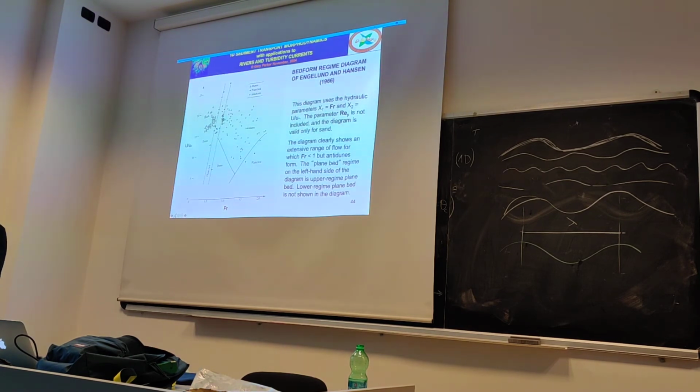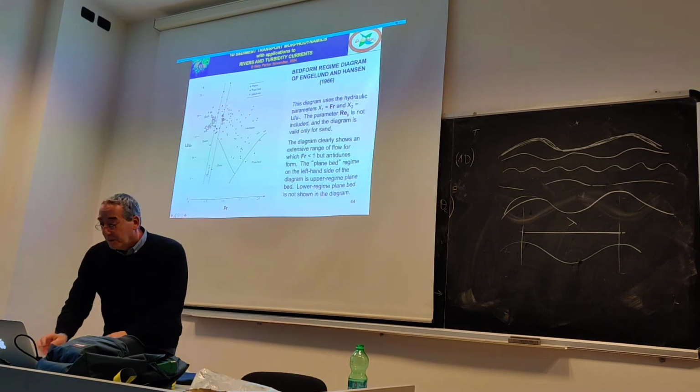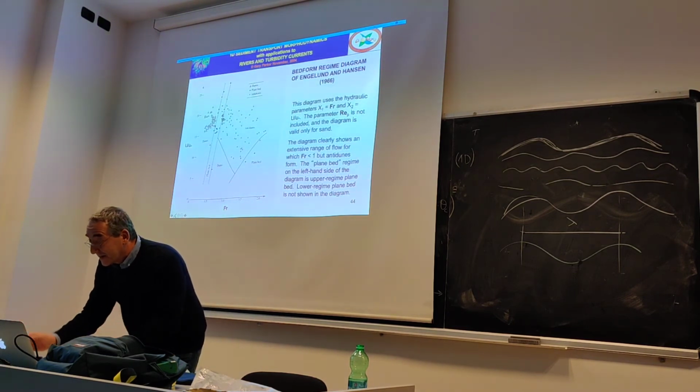And that makes the distinction between sand and gravel very artificial, because if the parameter that controls the whole thing is the ratio between the two, then there should be some characteristic depth at which sometimes you are in sand and sometimes you are in gravel. But in a sense, this is the limit of the analysis.